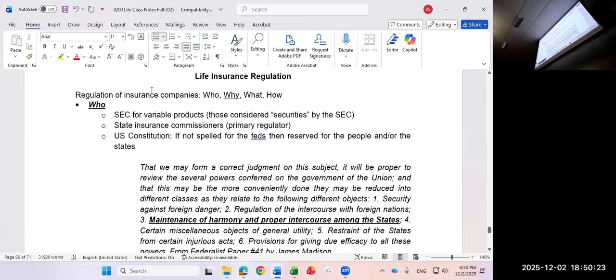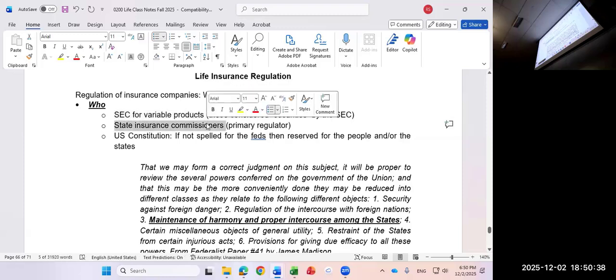All right, regulation sounds boring, but it's actually really quite critical for this industry. You need to know who's regulating, why they're regulating, what they regulate, and how they do it. The SEC does regulate variable products, but for the most part, states regulate insurance companies.